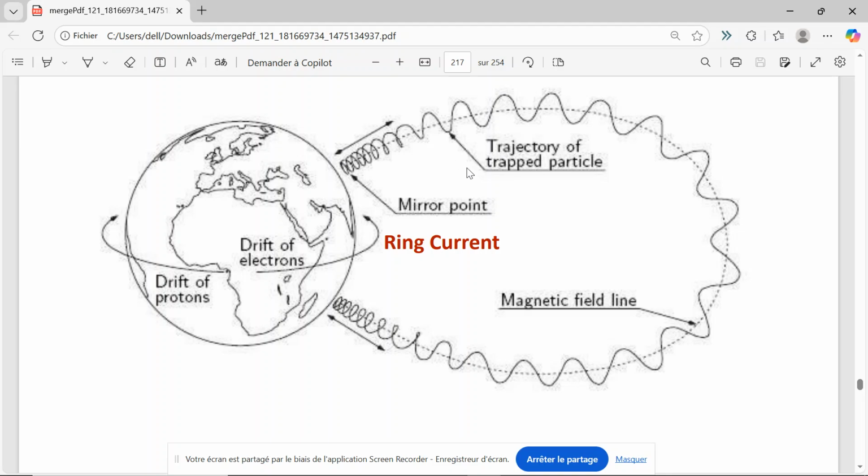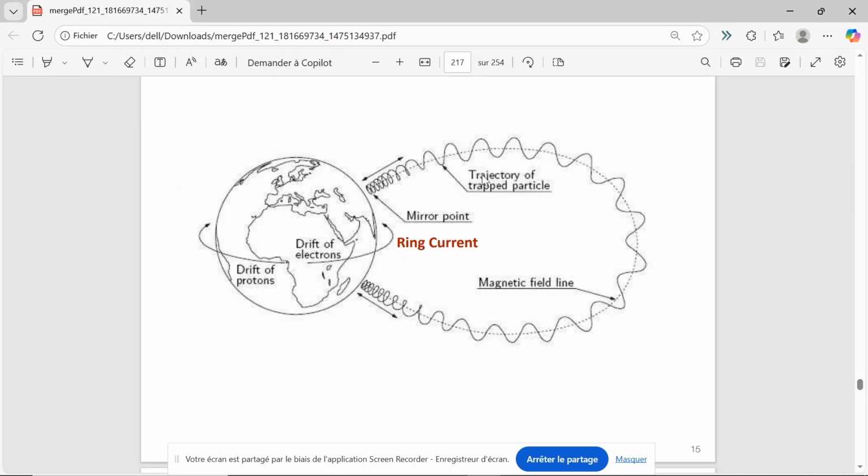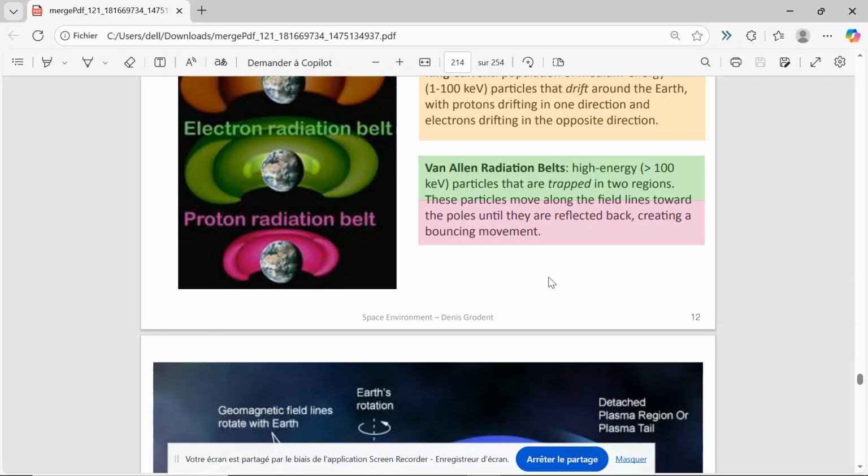So the mirror point: we have the trajectory of trapped particles, and they do like this. They follow this trajectory, where here the velocity parallel to the magnetic field is large, and here this parallel velocity is slowing down until reaching this mirror point, where we have a force in the opposite direction to the magnetic field that counteracts exactly the value of it, and they will follow this shape, creating those bells.